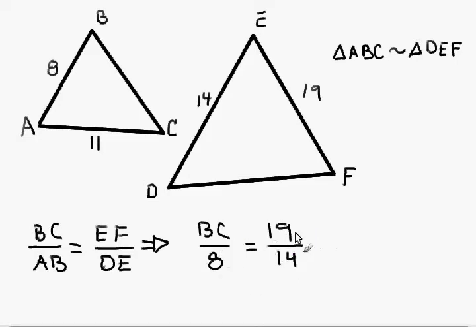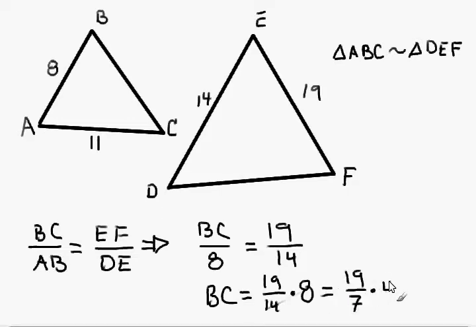So BC is equal to 19 divided by 14 times 8, multiply both sides by 8. This cancels out to give us 19 divided by 7 times 4, and if we have a calculator we can compute that the length of BC is 10.86 units.